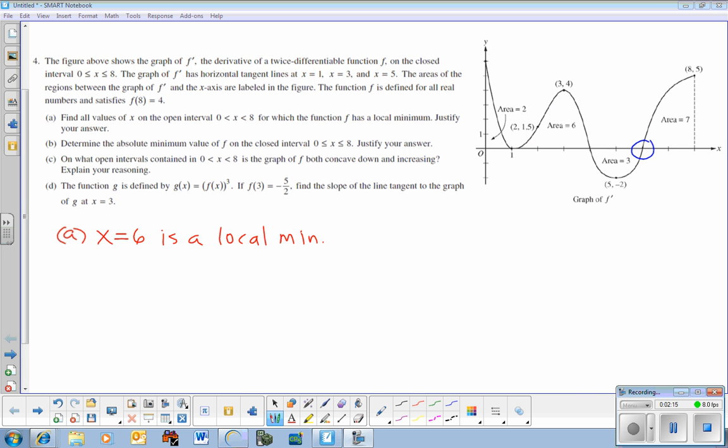And what's our justification? We can justify that because the graph of f prime changed from negative to positive.